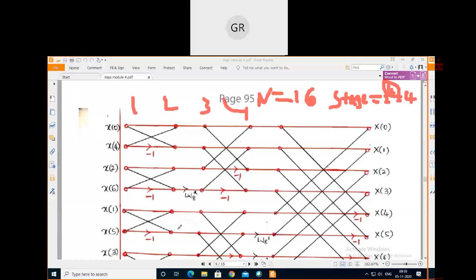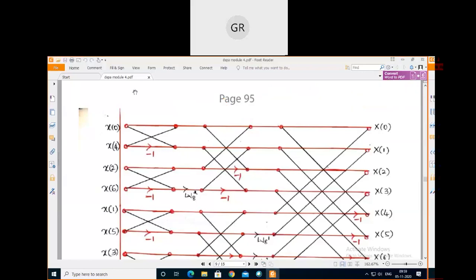Then in each stage, how many butterflies? N equal to 16, right?